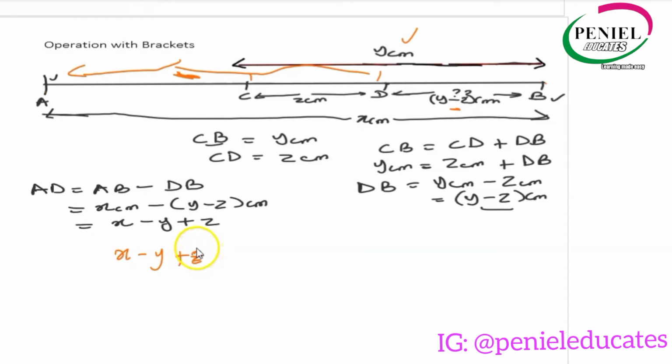Okay, so that is still buttressing the fact that a negative sign before a bracket changes the signs inside the bracket. Let me say it again. A negative sign before a bracket changes the sign inside the bracket, while a positive sign before a bracket does not change the sign inside the bracket at all.